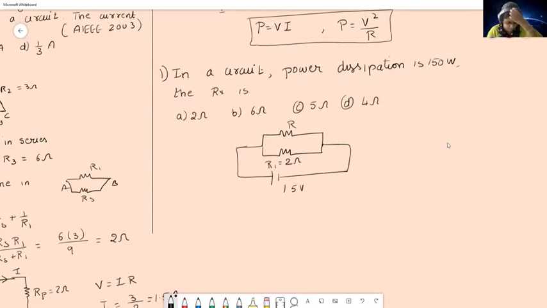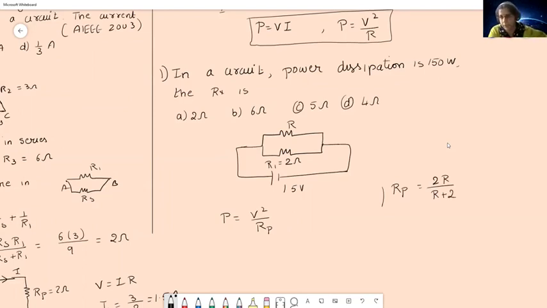So now you need to find R. For that, first let us use this power formula. We have P equal to V square divided by Rp. Rp is the parallel connection of R and 2 ohm. So it is going to be 2R divided by R plus 2.